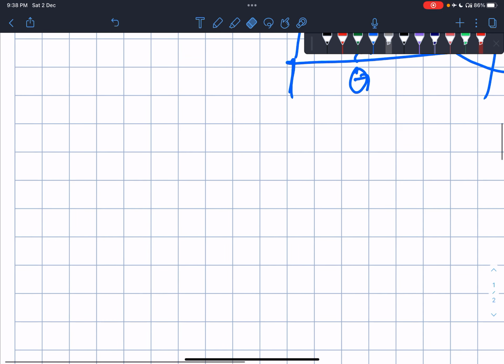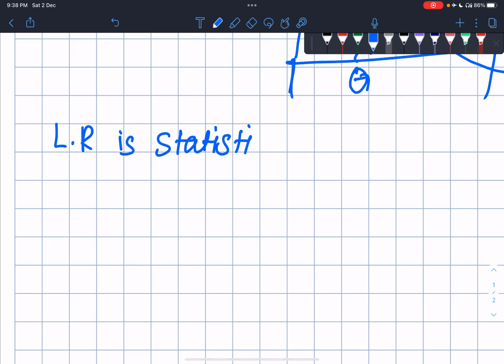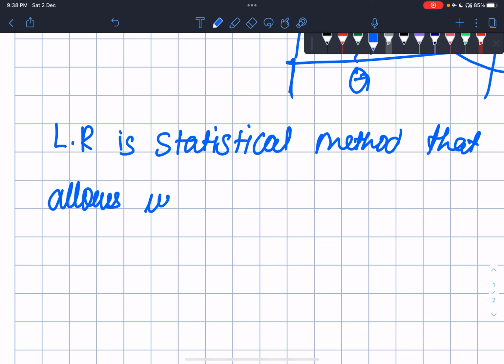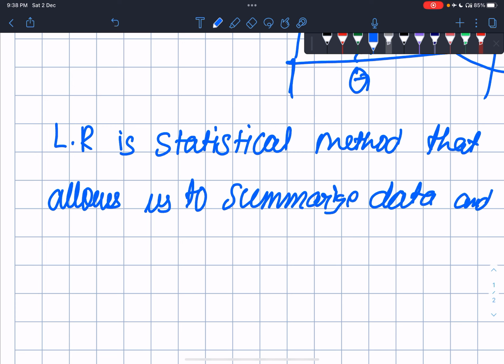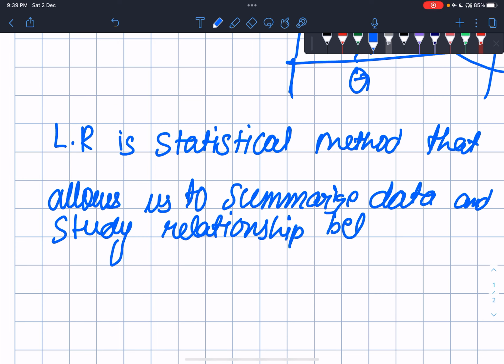Okay, if I write it, then linear regression is a statistical method that allows us to summarize data and study the relationship between two quantitative variables/features.